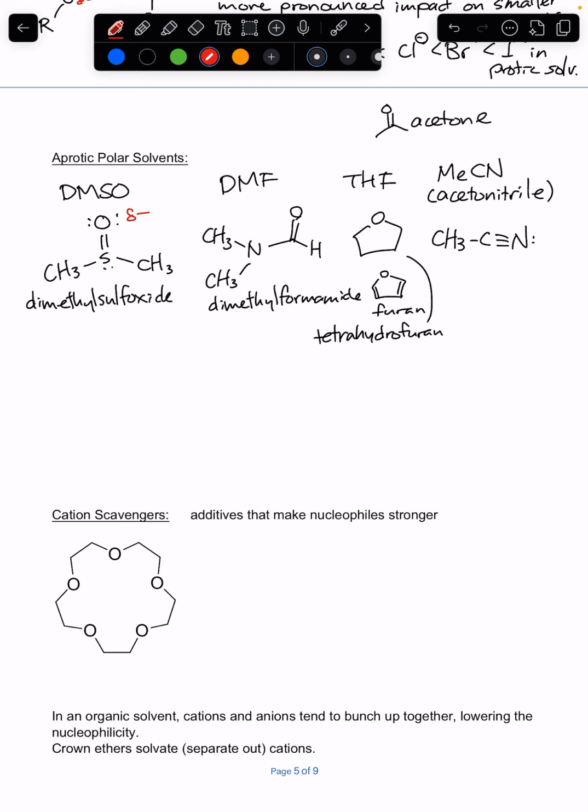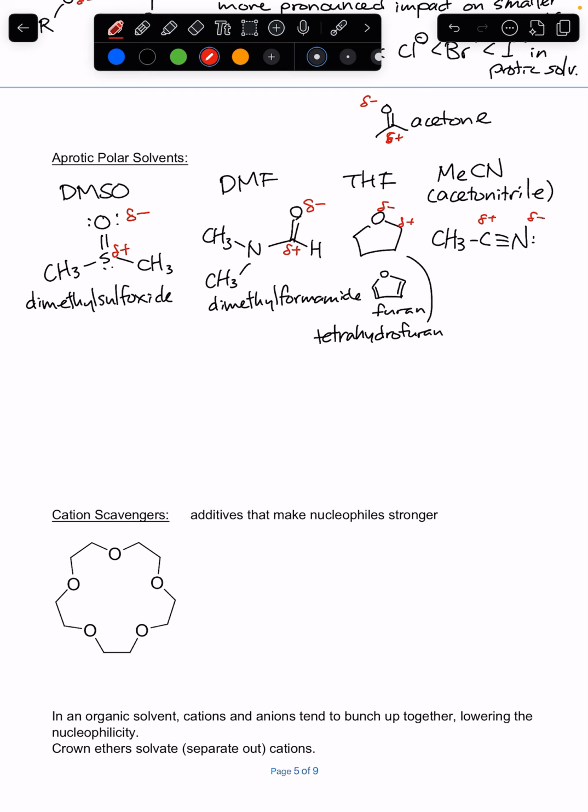There is polarity in here, like oxygen's much more electronegative than sulfur, so there's that polarity. Again, there's that polarity here, there's some polarity here, and so forth, right? So these are polar molecules, but they're not protic, so they're aprotic polar solvents.